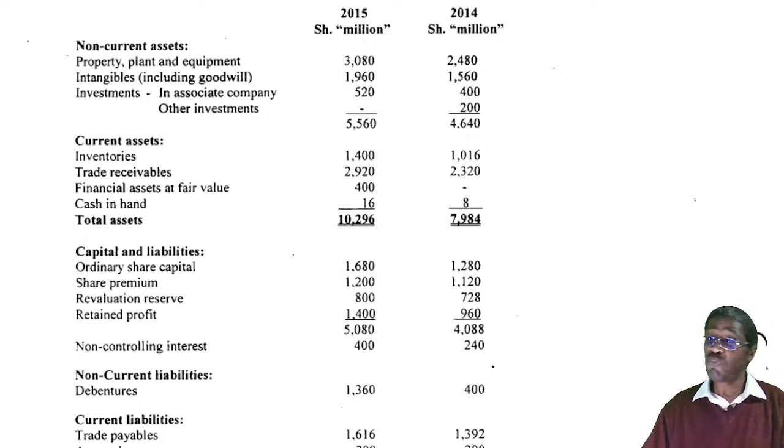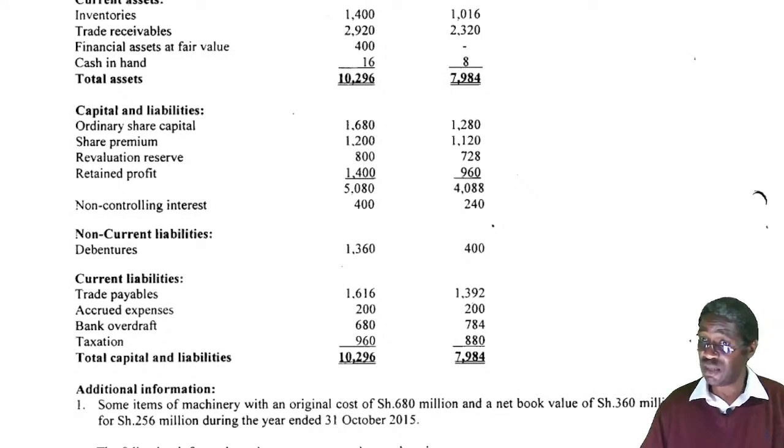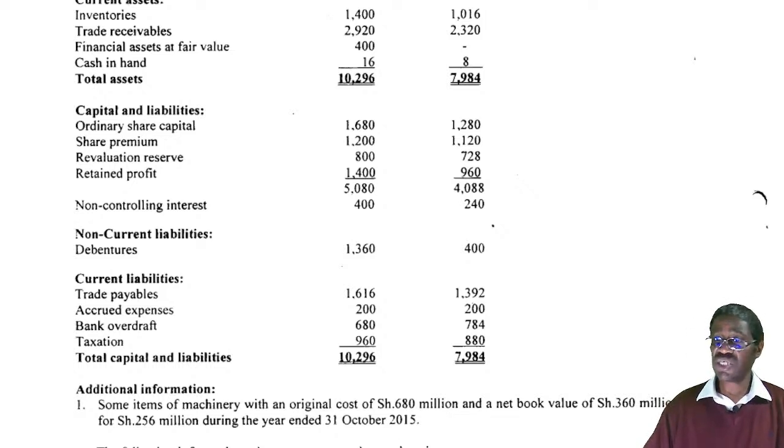But I do hope you have not forgotten that among the current liabilities, there was an overdraft. It's part of cash equivalent. Financial assets 0, cash 8. What about the bank overdraft? I can see an overdraft of 784.